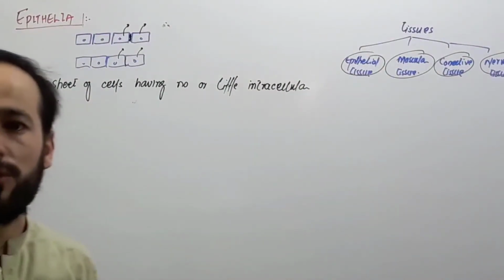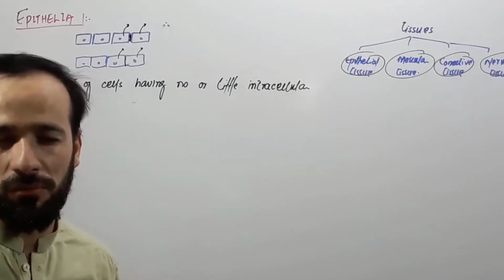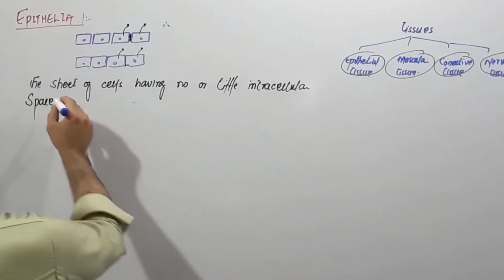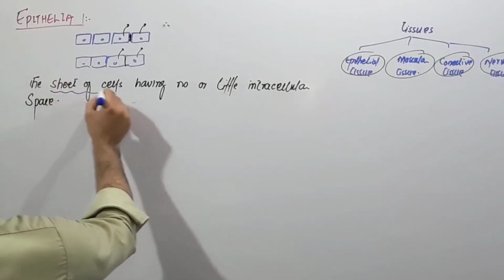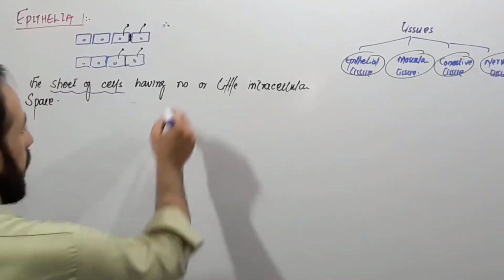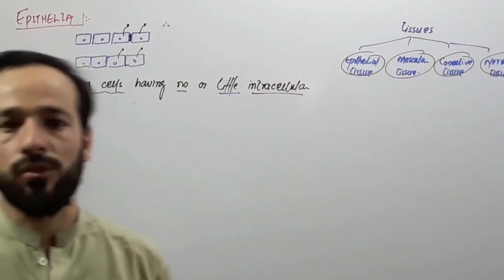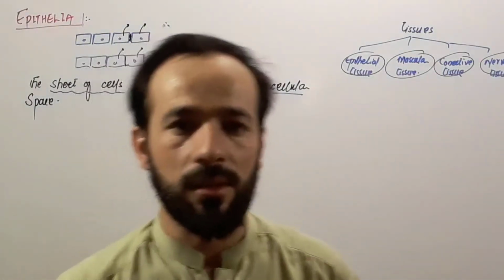Such type of tissue is called the epithelial tissue. That is a very simple and simplified definition. So the point to be remembered is that epithelial tissue is a sheet of cells having no or little intracellular space. This type of tissue in our body is called the epithelial tissue.